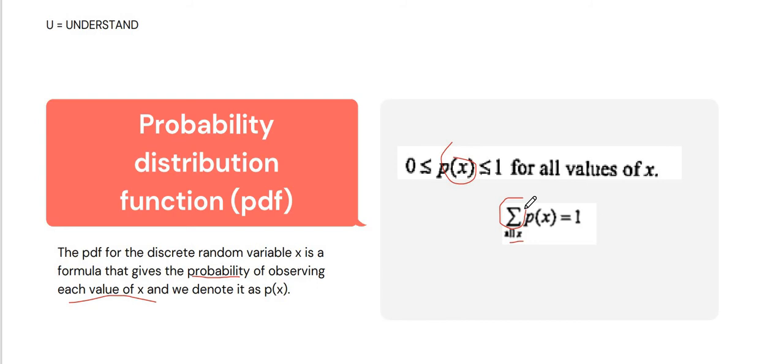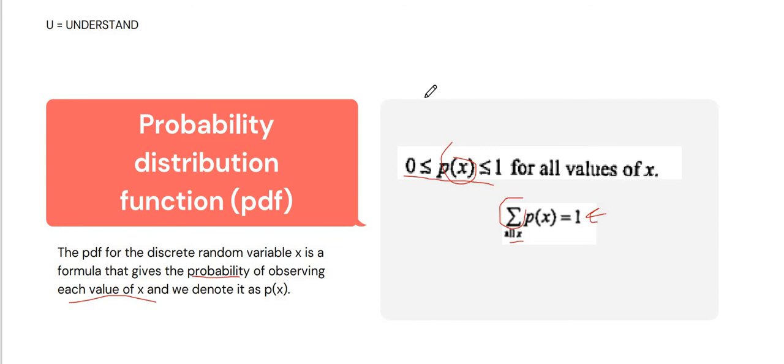For example, let's say the question asks you to find the probability of a blue marble, the probability of a red marble, and the probability of a yellow marble in a bowl. In the bowl there are 3 colours: blue, red and yellow. When you add all these probabilities, it will give 1. It must be 1, it cannot be more than 1. That's why the probability must be between 0 and 1 only. The highest must be 1.